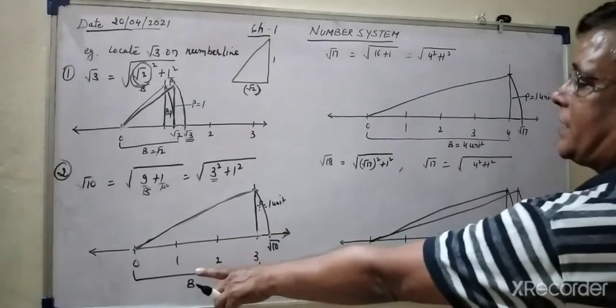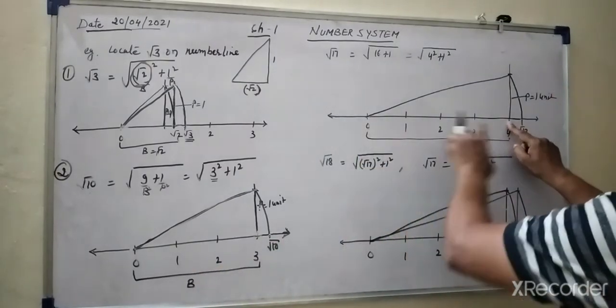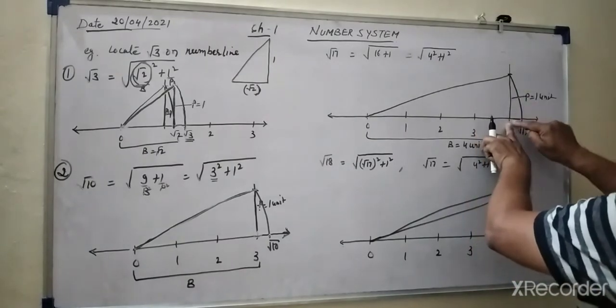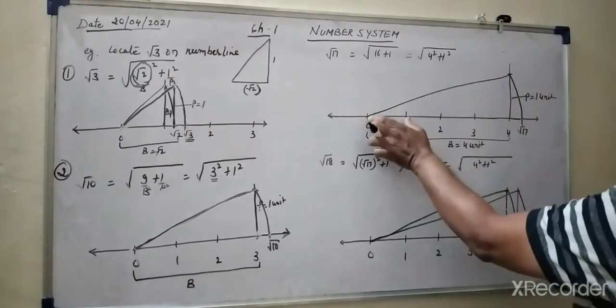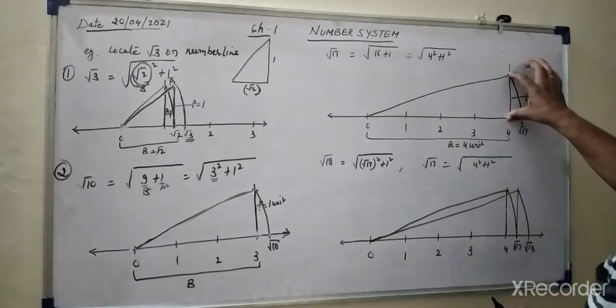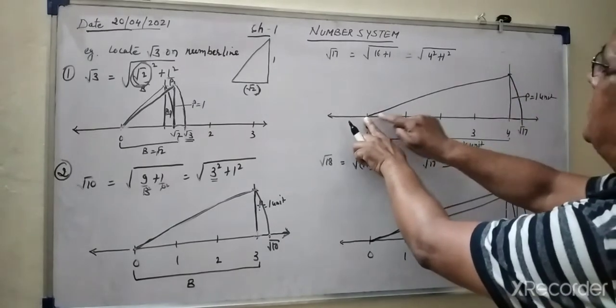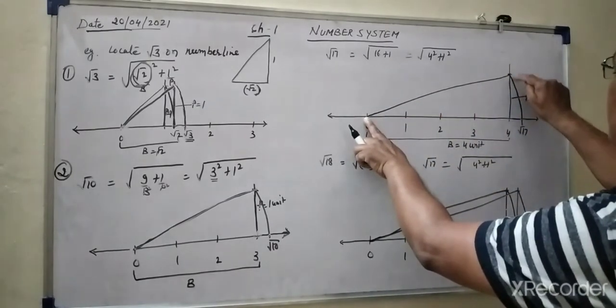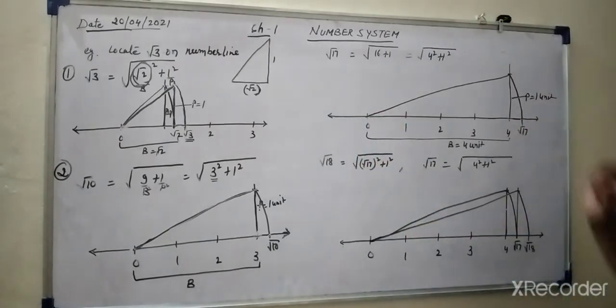In the previous case we took the base as 3 units; here we take the base as 4 units, and again the perpendicular is 1 unit. At the 4, open this, cut the arc from here, 1 unit. Then you join 0 to the arc, this line, that is the hypotenuse, and cut the arc where it intersects the number line, that is root 17.